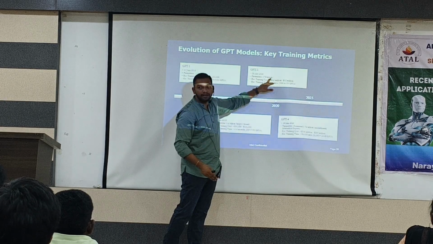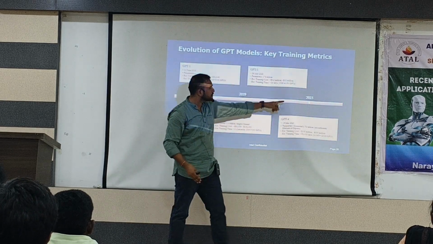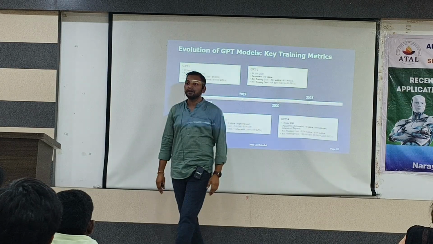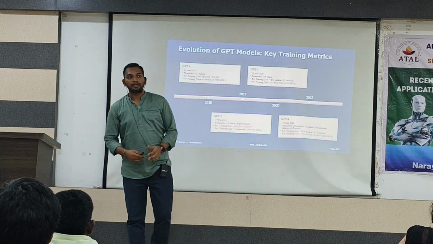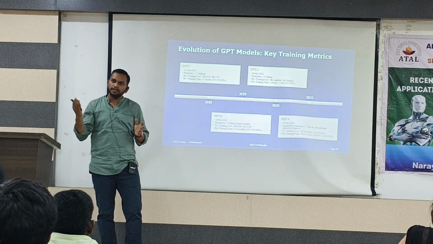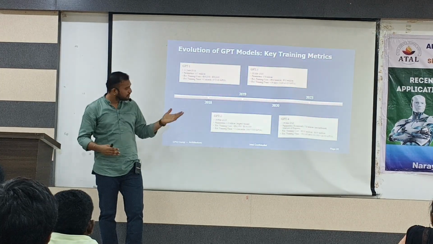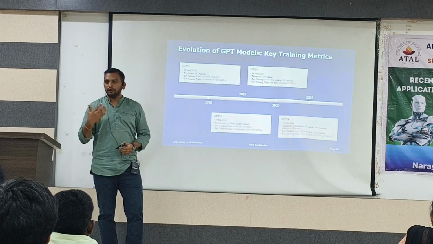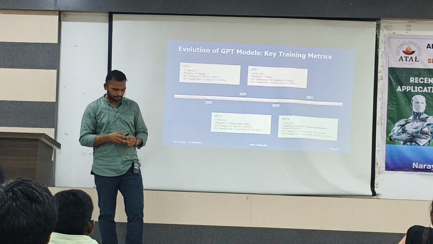The same, 175 billion parameters. In 2023, it went all the way to 1.7 trillion parameters. It's like they have included everything present in the world. There are still some more GPT technologies, but they are not published openly.